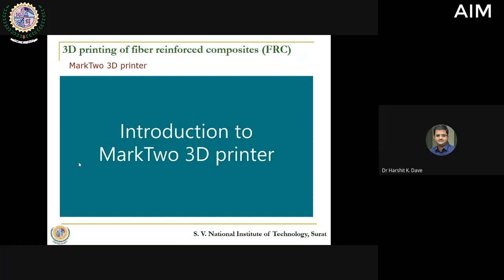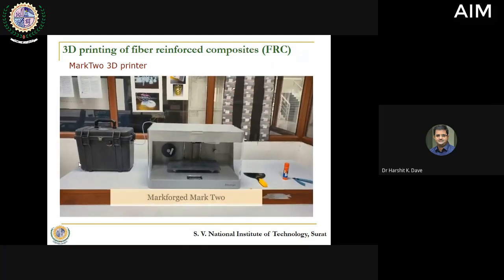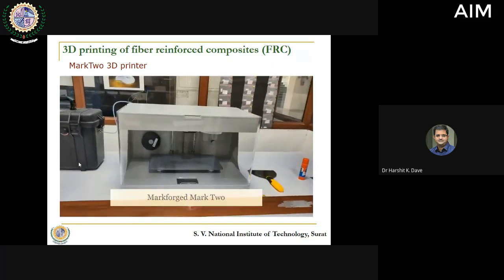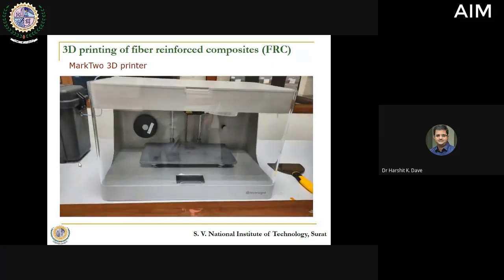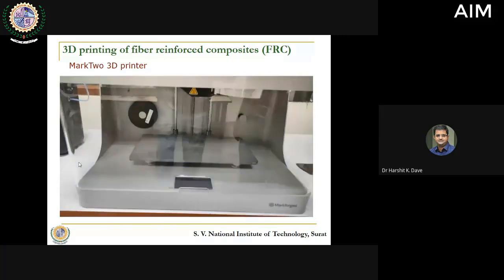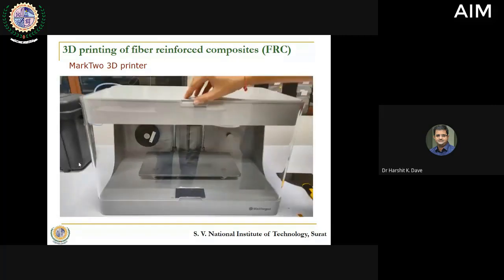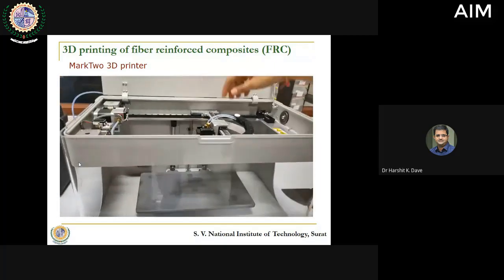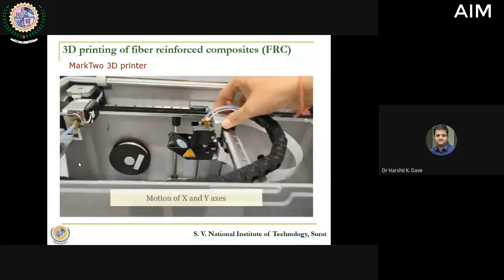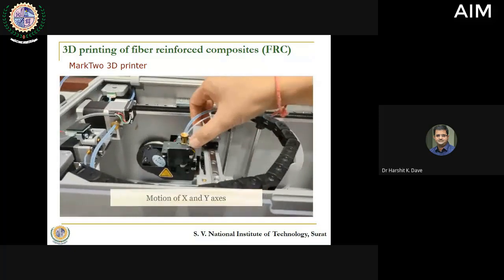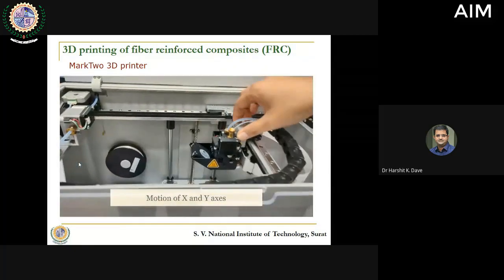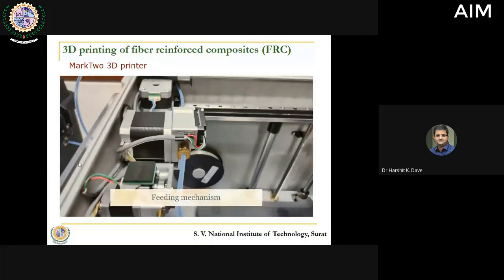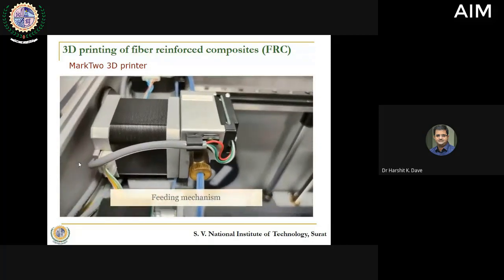Now I would like to go through the machine. I hope the streaming is going on well. This is the Markforged Mark II machine that we have in our lab. And the most important thing about this machine as compared to the other FDM printers is the table. But right now we are seeing the XY coordinate movement along the Cartesian coordinate, and this is the feed mechanism.